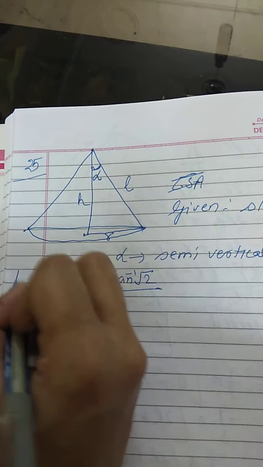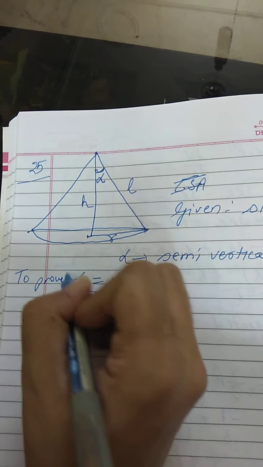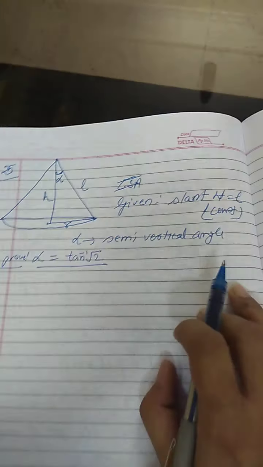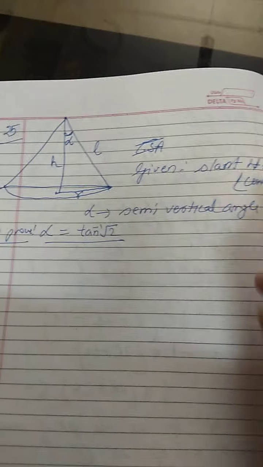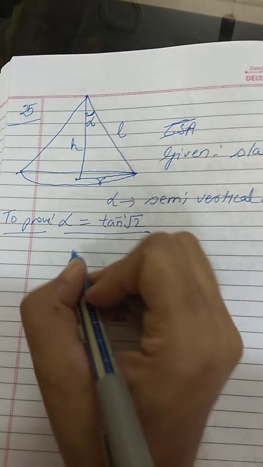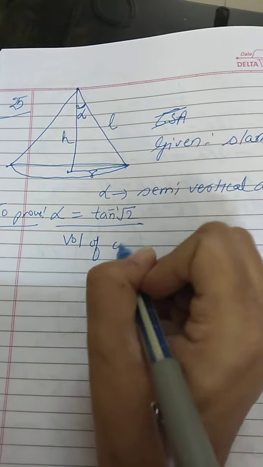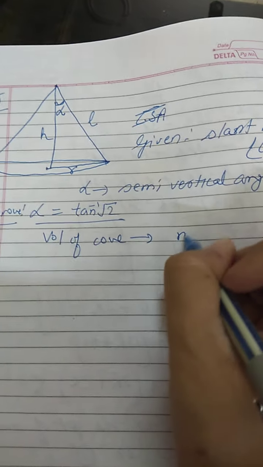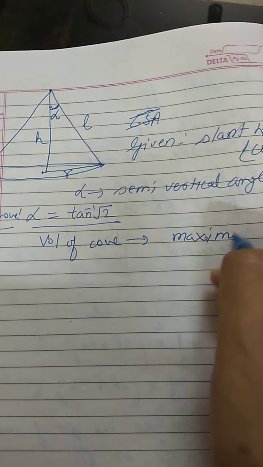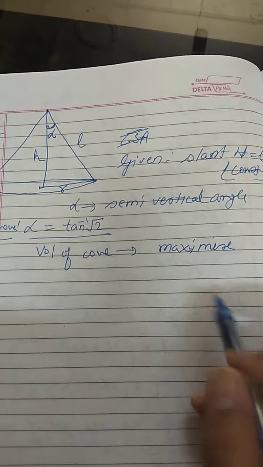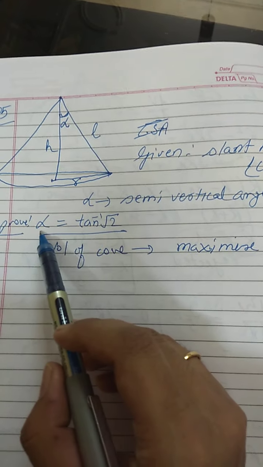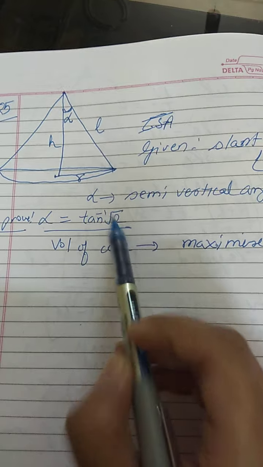This we have to prove, right? So let us understand the statement. Slant height is given, the volume of the cone to be maximized, and when we maximize the volume, we should get semi-vertical angle alpha as tan inverse root 2.